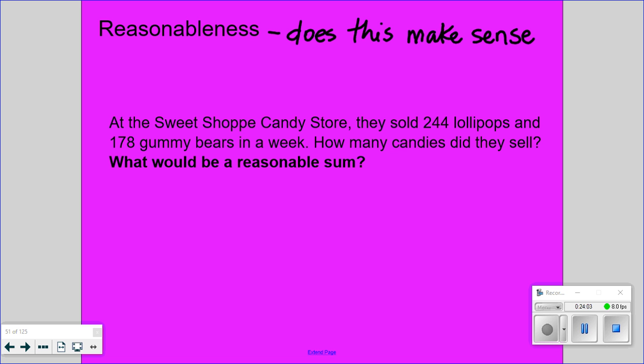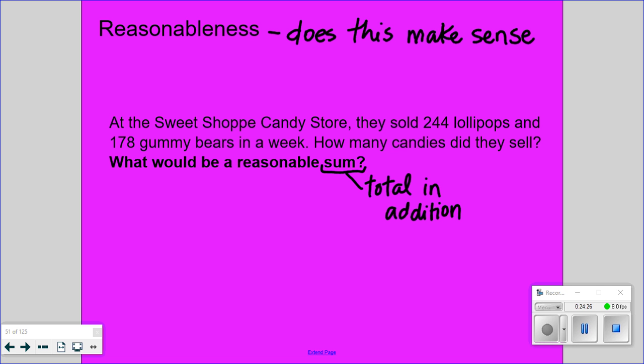What would be a reasonable sum? The word sum, spelled this way, is talking about the total. Sounds like something on total in an addition problem. I'm writing this down then.